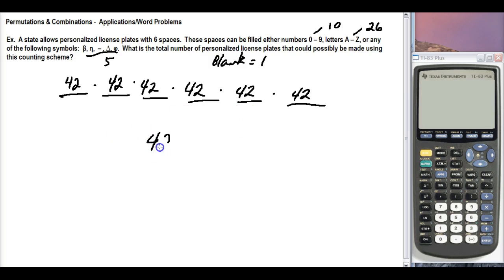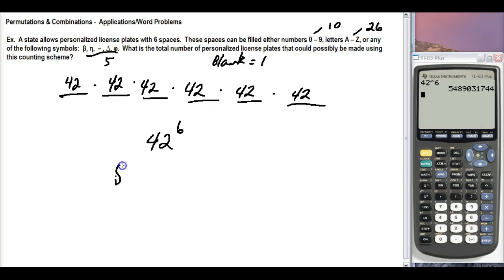So in essence, we want to know how many license plates we can come up with. We can come up with 42 raised to the 6th power amount, okay? And we'll go to our calculator right quick and calculate that. So 42 raised to the power of 6 gives us this large number here.